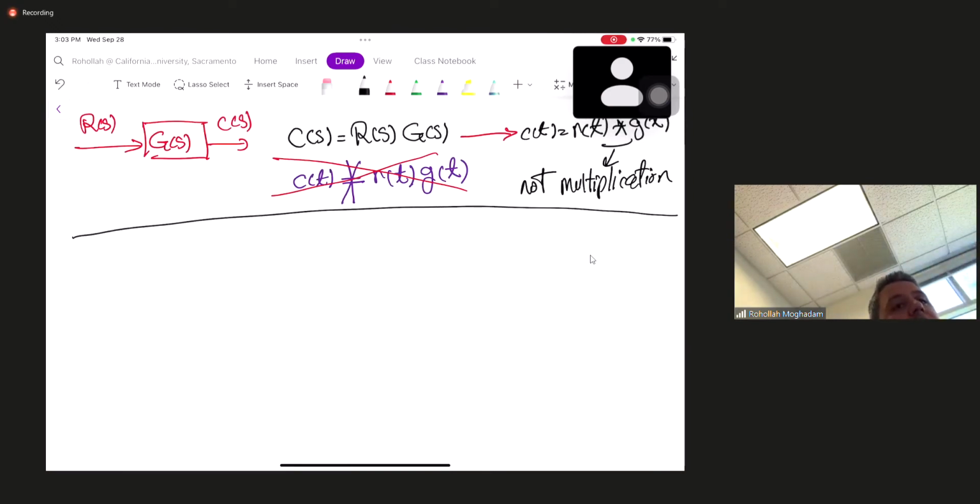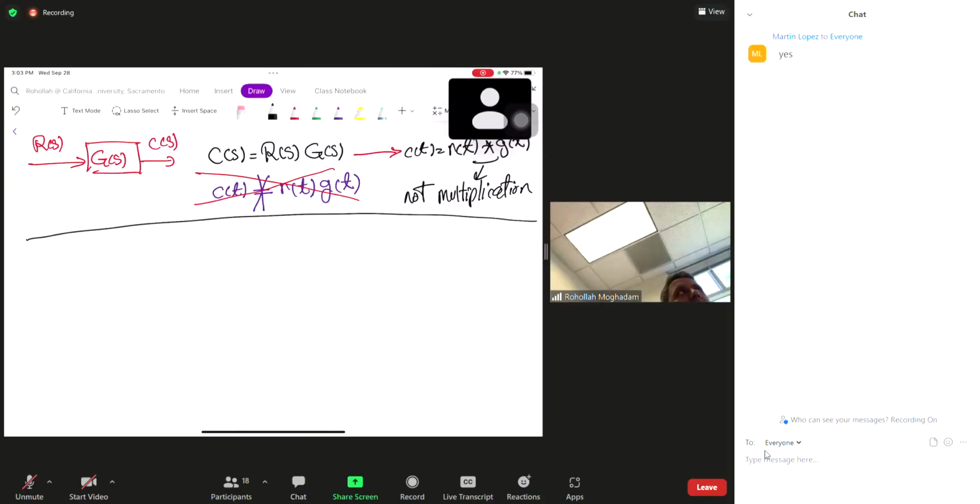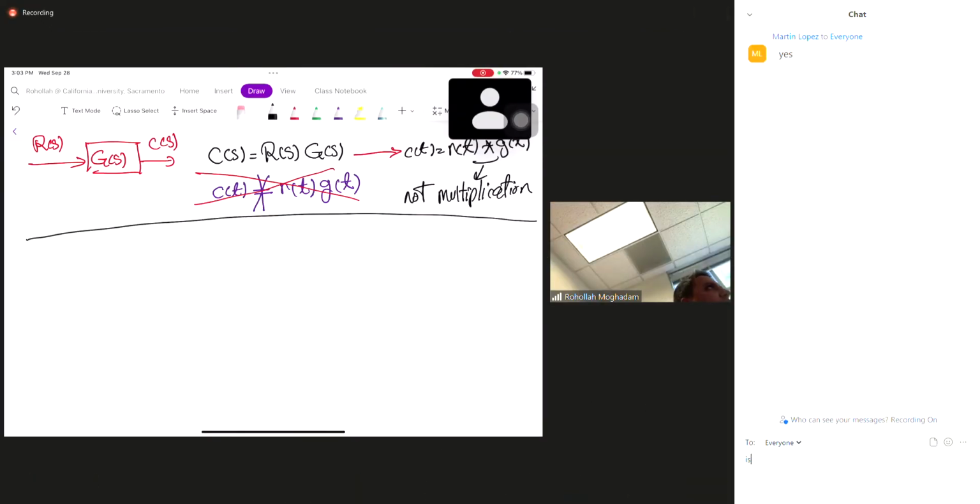Okay, so first I'm going to start with your questions. Does anyone have any question about any certain part of the course that you want me to solve, or any question about the homework? I do have a plan to work on some problems in differential equations and transfer functions, and also in electrical circuits and operational amplifiers.